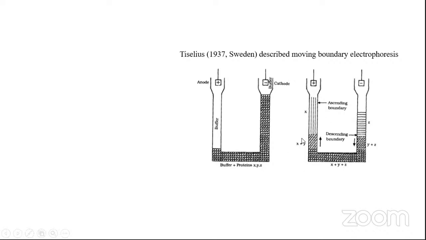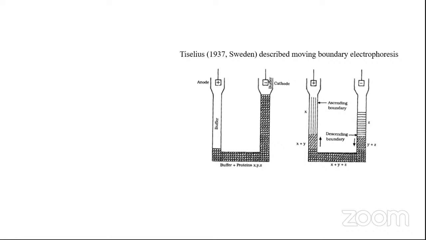Suppose the leaders are the X proteins, then X proteins will get crowded in this area. And obviously this portion of the pure buffer is now getting crowded with X protein molecules.